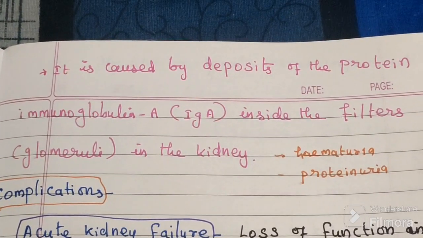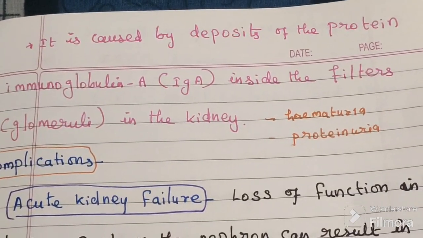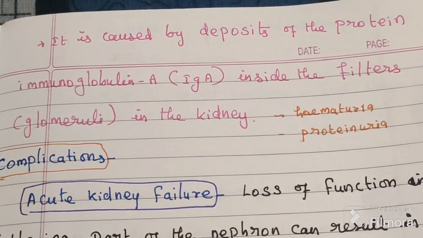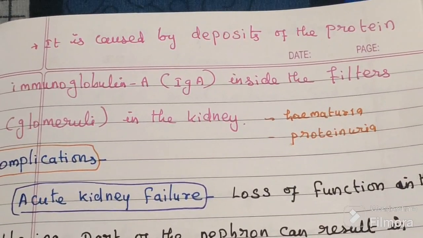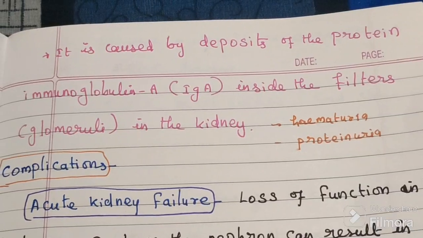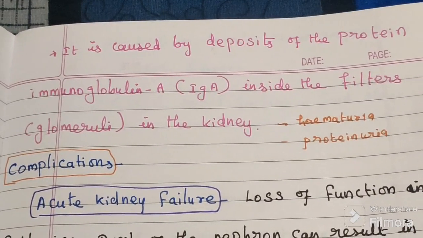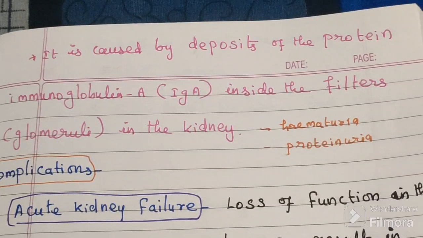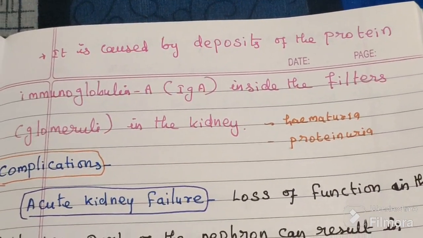It is caused by deposits of the protein immunoglobulin A, IgA, inside the filtering glomeruli in the kidney. So in this condition it causes hematuria and proteinuria.